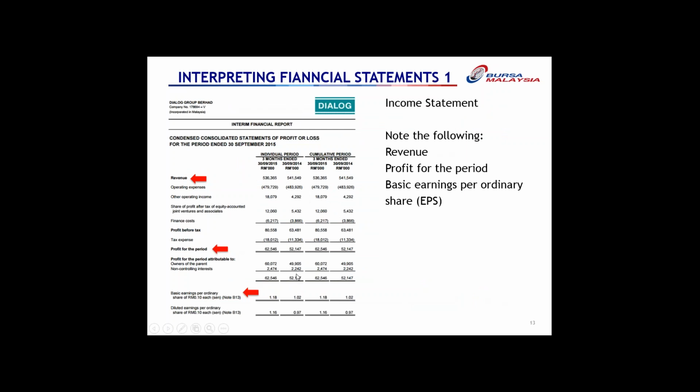Now, I won't always look at things like the finance costs, operating expenses, and so on and so forth, because if, let's say, there's growth in the EPS, in the net profit, and in the revenue, other issues become secondary. I will counter-check with the balance sheet afterwards.